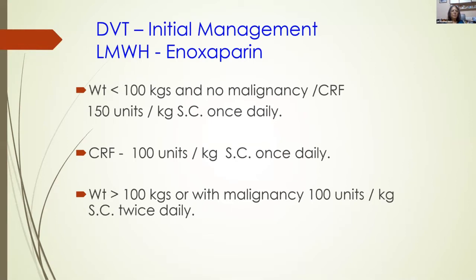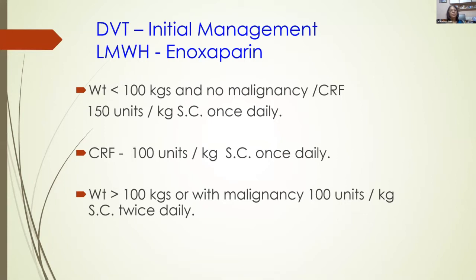Enoxaparin schedule is, if the patient's weight is less than 100 kilograms and there is no associated malignancy or renal failure, then the dose recommended is 150 units per kg once a day. When the dose is less than 1 ml, a once a day dose is good enough, and that's what is recommended.